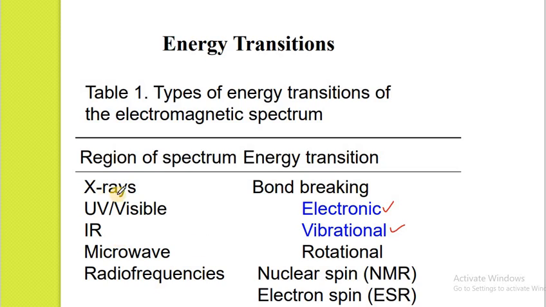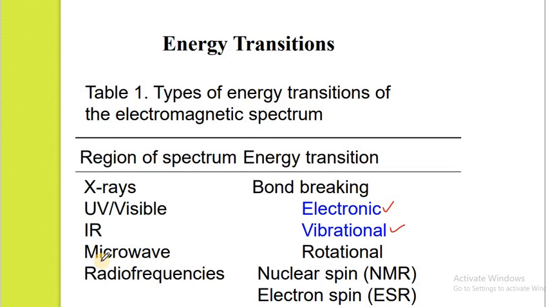And in X-rays generally bond breaking takes place, and therefore in the X-ray areas the technicians always take care of this, because bond breaking takes place, that is, they are high energy radiations.